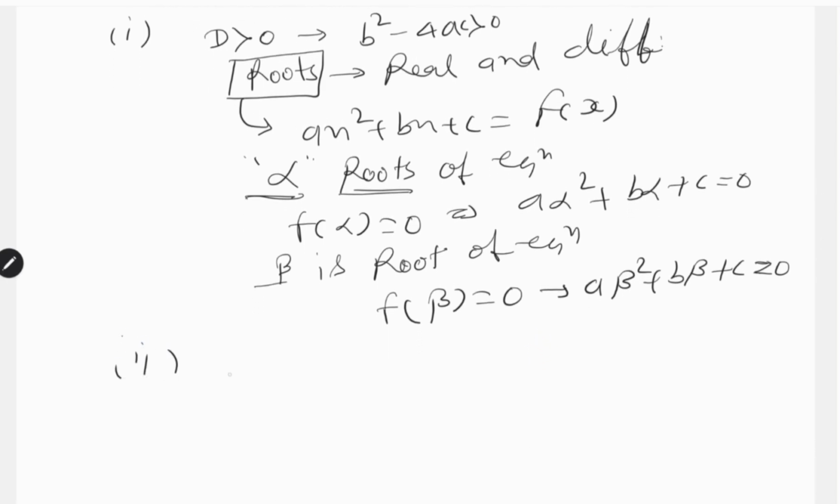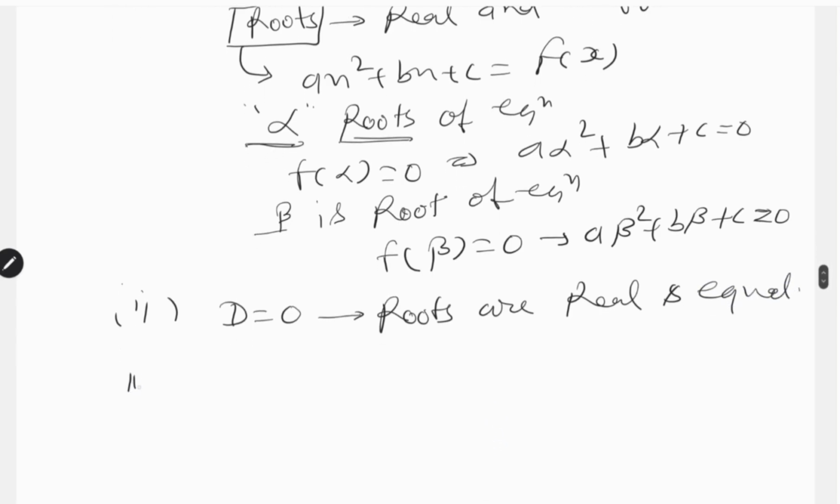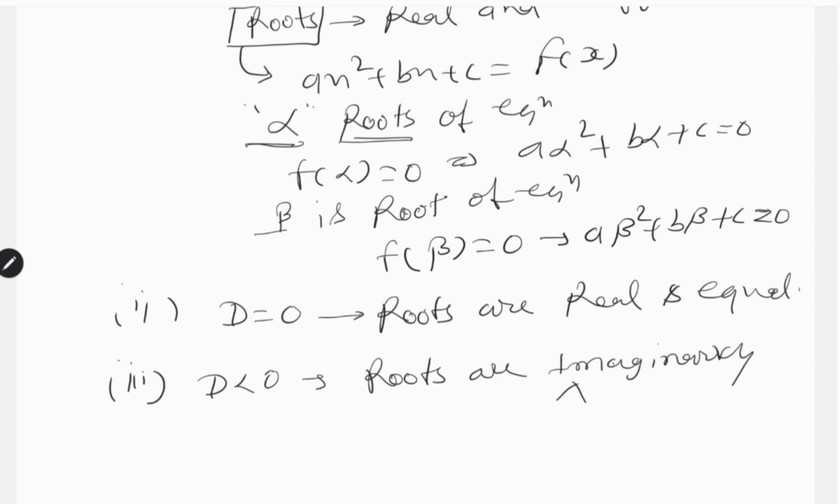Now second, if D is equal to 0, then the roots are real and equal. Okay, real and equal. If D is less than 0, then roots are imaginary numbers. Okay, what is imaginary?